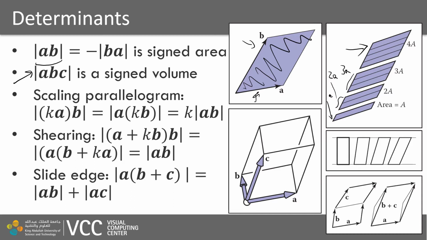Furthermore, the following is valid. If we are shearing a determinant, meaning that we are adding to the vector A a certain multiple of the vector B, then geometrically we are performing a shearing.